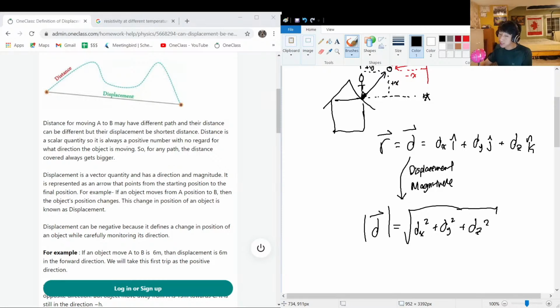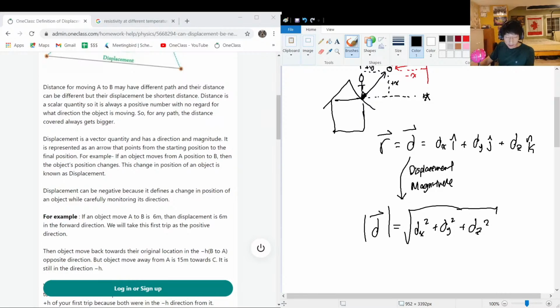And let's say you have a 2D vector situation. That would just mean that your k term is 0. So you just have a 0 here, and it's just a Pythagoras theorem situation. So it should be fairly straightforward to see from there. Moving forwards and backwards can sometimes be represented with positive or negative signs in displacement.